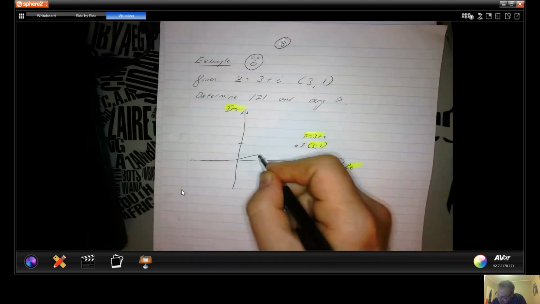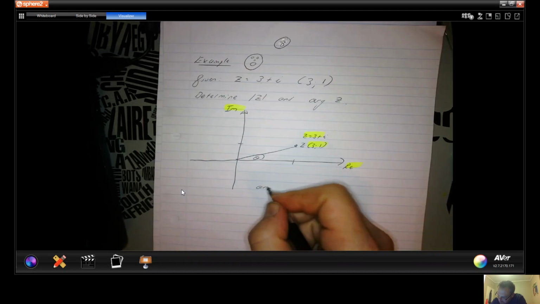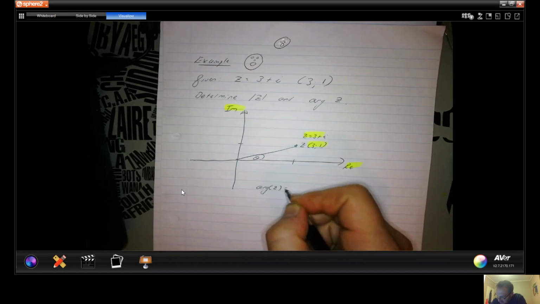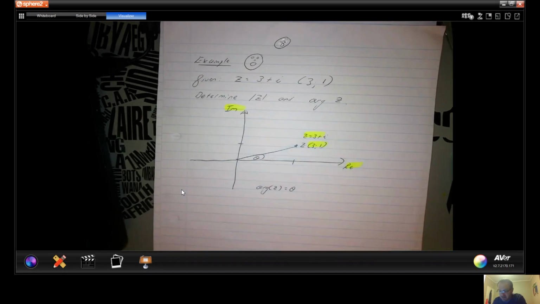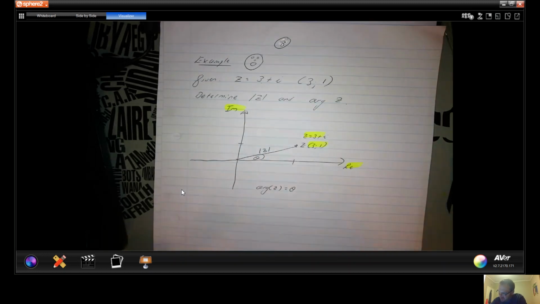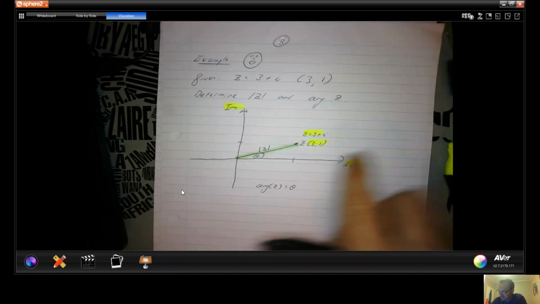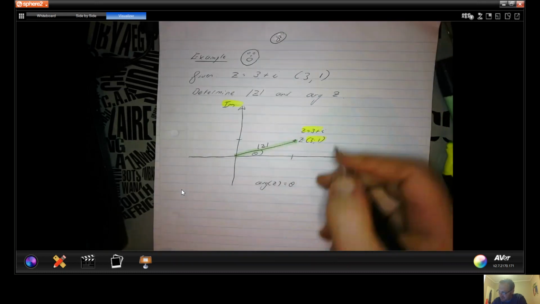Draw a line from your origin to that point. I'm going to give the argument of z a label, theta, and this is mod z over there, that distance from the origin to the point. So for this complex number, what's the modulus of z?